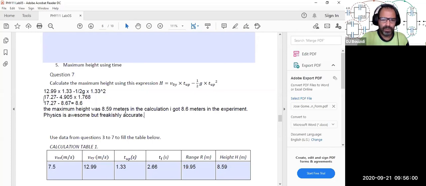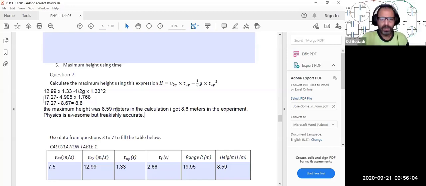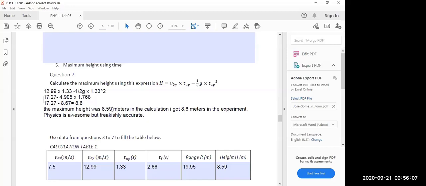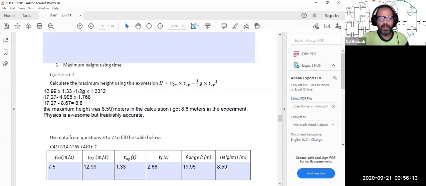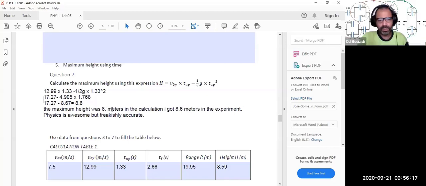Is that what you got? I think the calculation, how much was it I measured? I messed up then. How much is the maximum height? In the actual experiment, I got 8.59. So then it would be backwards. Okay, that's fine. No, it looks like you're good. Let's see. The measured maximum height is 8.59, and the calculation is 8.6.